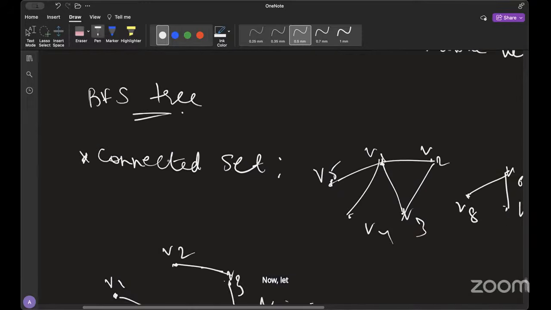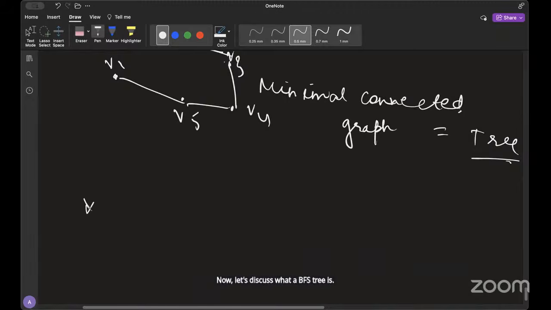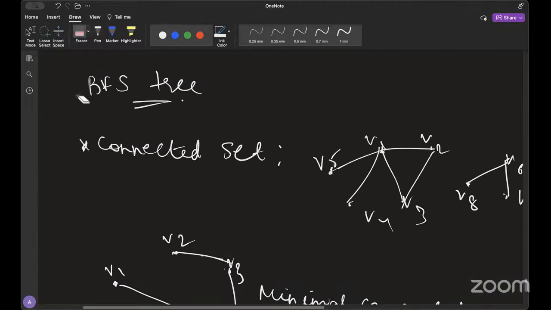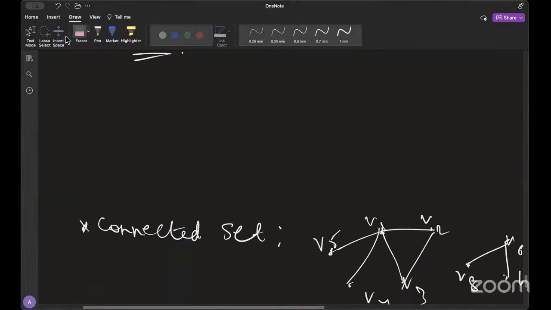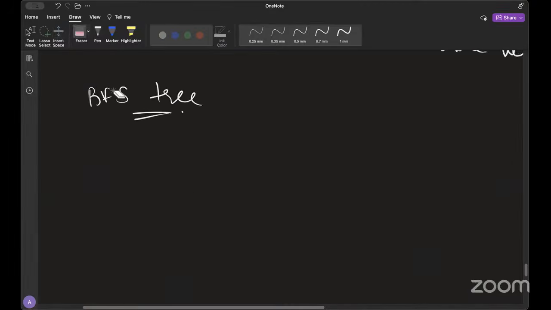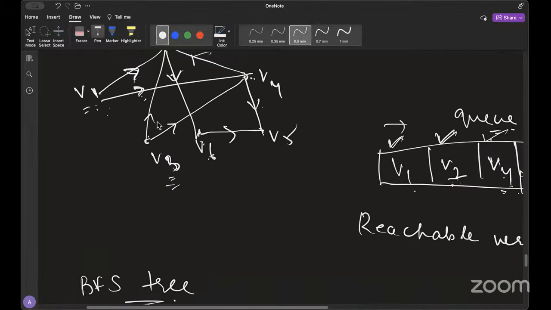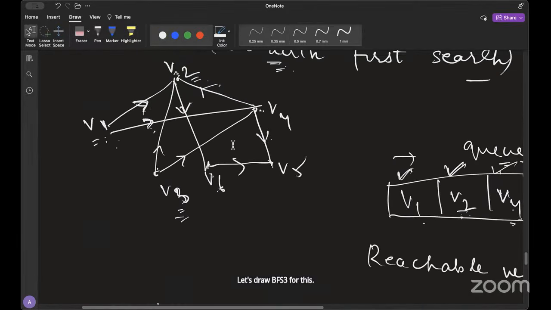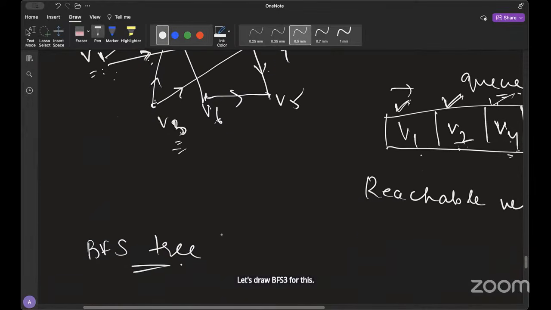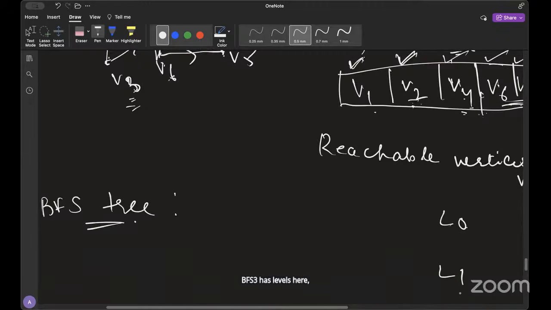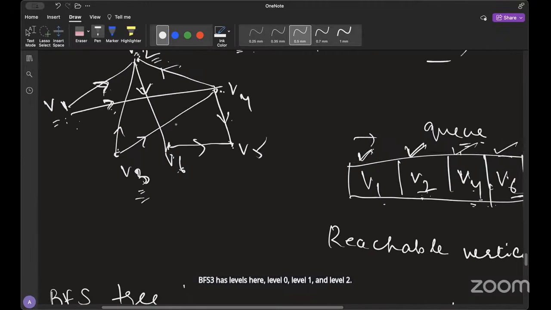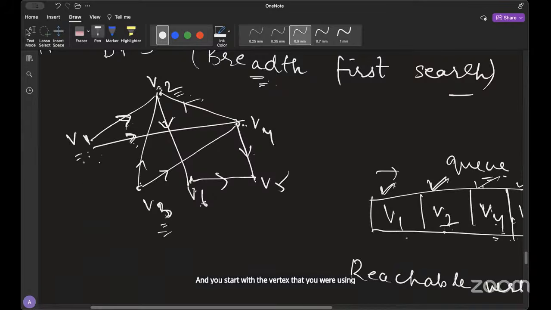Now let's discuss what a BFS tree is. Let's draw a BFS tree for this. The BFS tree has levels here: level 0, level 1, and level 2. You start with the vertex that you started your search from.